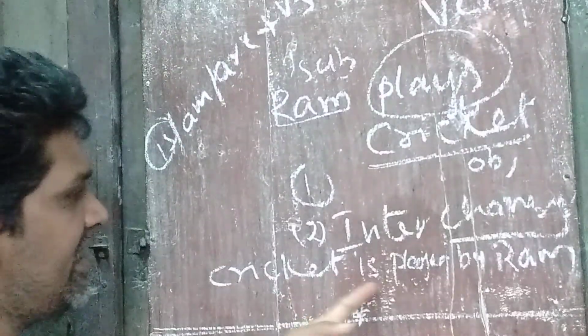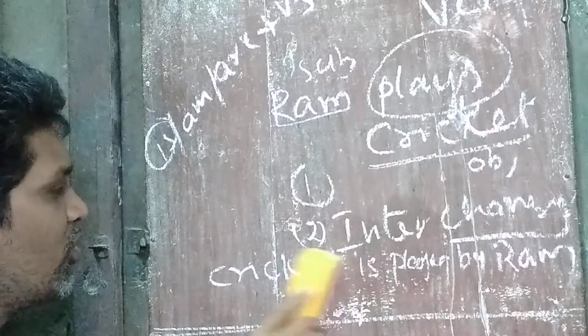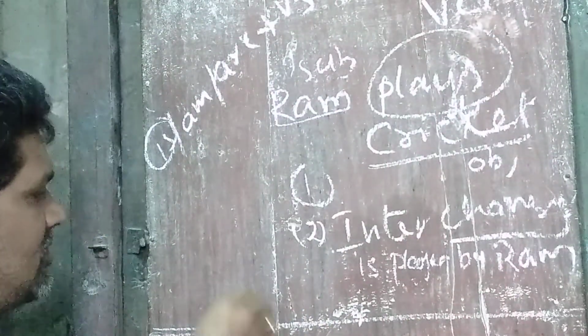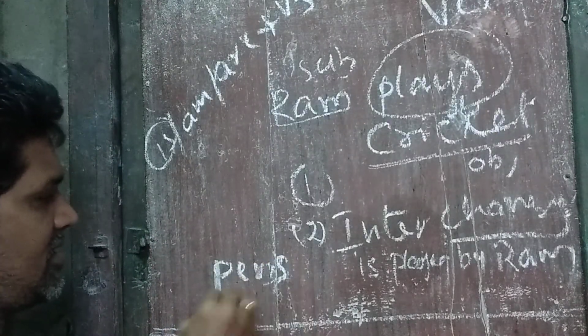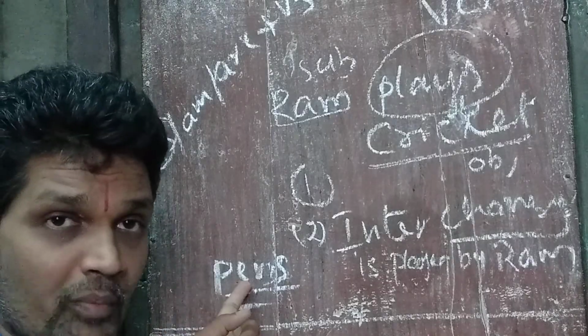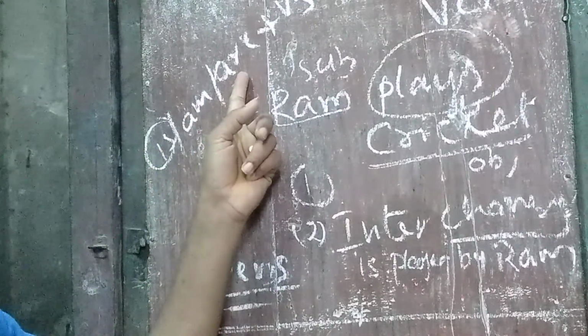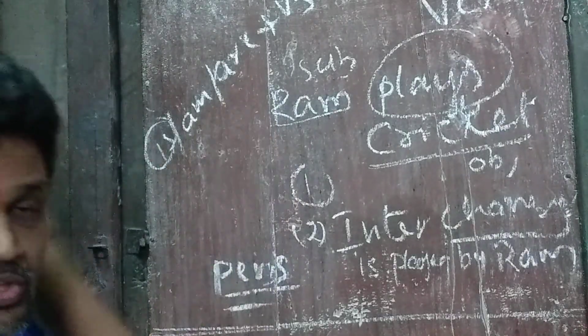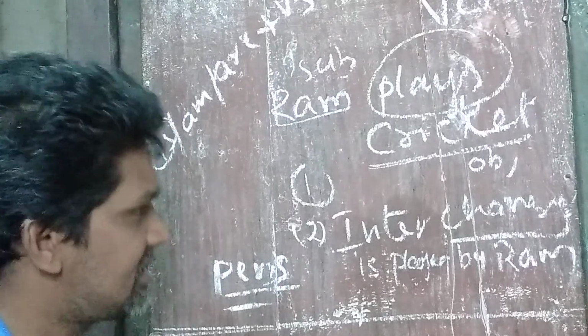So cricket is played by Ram. Suppose if there is a plural form, pens, suppose if plural form is there in the subject, we should use the plural form are. So this is about the simple present form of the sentences.